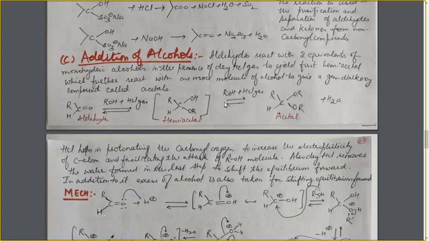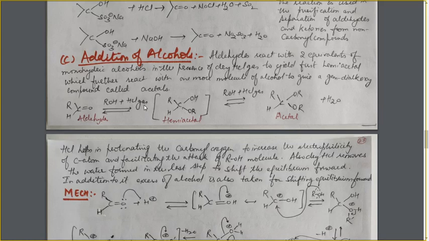In the next step, the second alcohol molecule moves to this hemiacetal, the hydrogen and OH group will be lost as H2O, and this OR part will get attached to this carbon atom to give us the gem dialkoxy compound. It is simply the way of writing the reaction. The actual mechanism is different. I have discussed the complete mechanism, how the reaction is taking place.